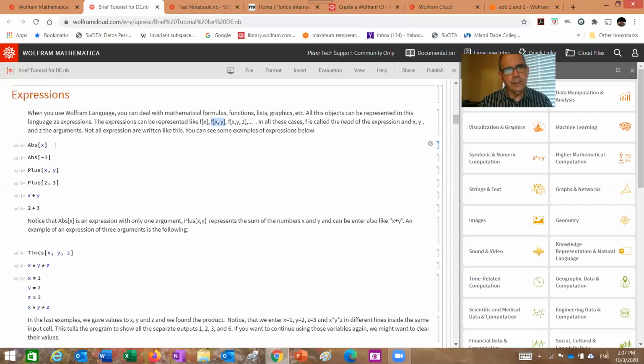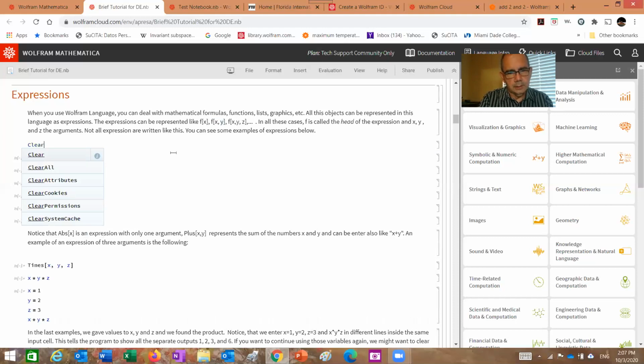One example of an expression is the absolute value of a number. To enter the absolute value of x, we can do it like this. Let me clear the values of x from the beginning, so that if any value was given before, it doesn't come out here.